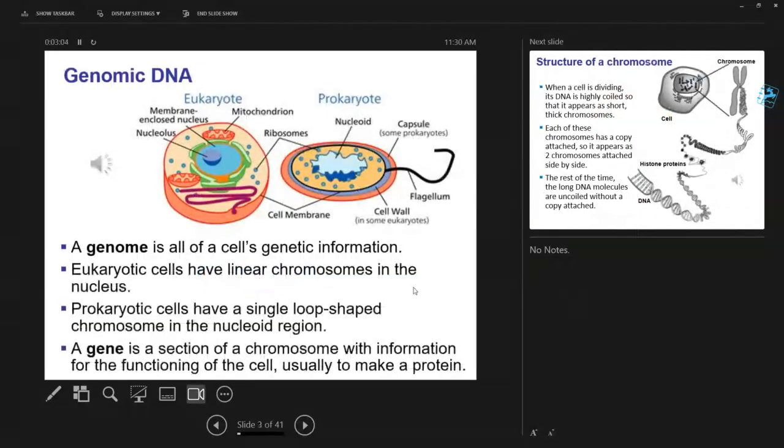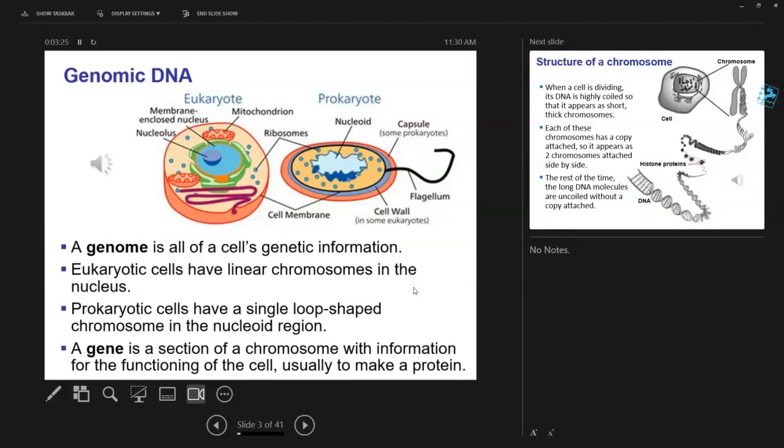Okay. So this chapter is about how cells reproduce by dividing, cell division. Some terms here: genome. It's all of the cell's genetic information.